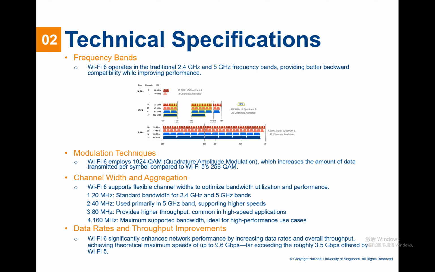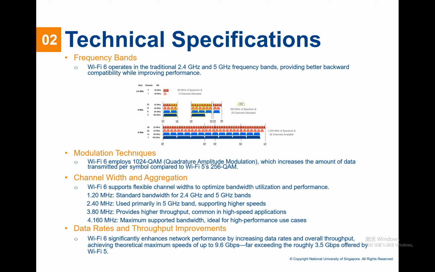Topic 2. This part is technical specifications for frequency bands. Wi-Fi 6 operates in the traditional 2.4 GHz and 5 GHz frequency bands, providing better backward compatibility, improving performance.